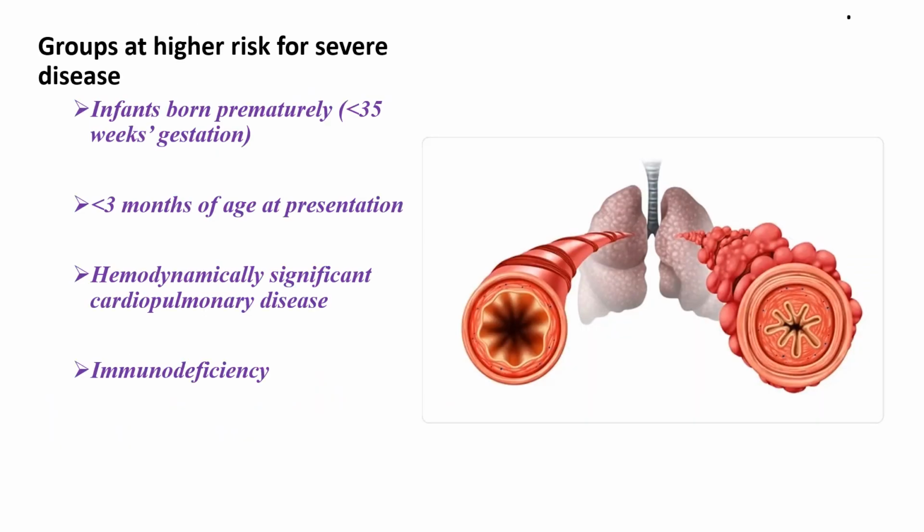There are a group of children that are at high risk for severe disease. Those include infants born prematurely, those infants less than 3 months of age at presentation, those infants in whom hemodynamically significant cardiopulmonary disease is present, and immunodeficient children.